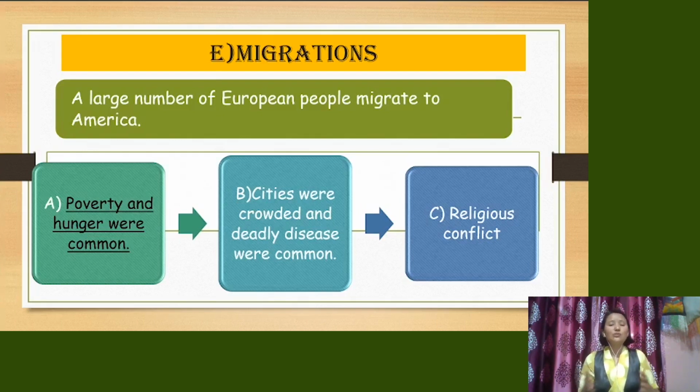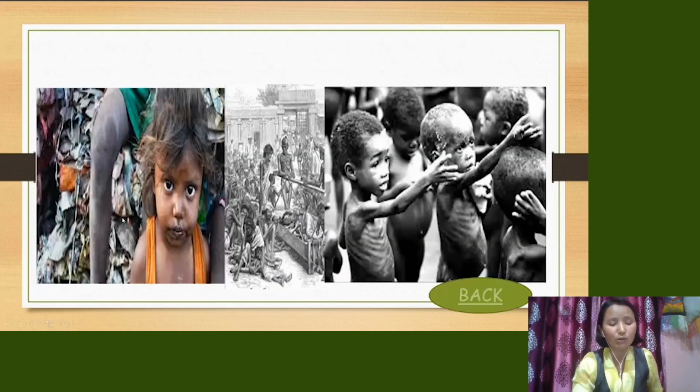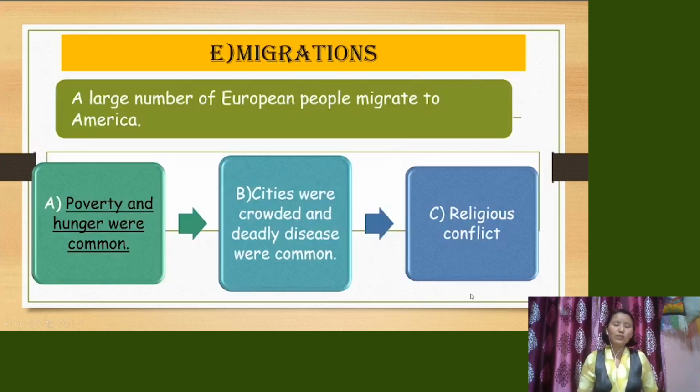During that period, the condition in Europe was very poor because most of the people lived in poverty and hunger. So poverty and hunger were common in Europe. Because of that, in order to have a better job opportunity or a better living standard, a large number of European people started migrating to America.